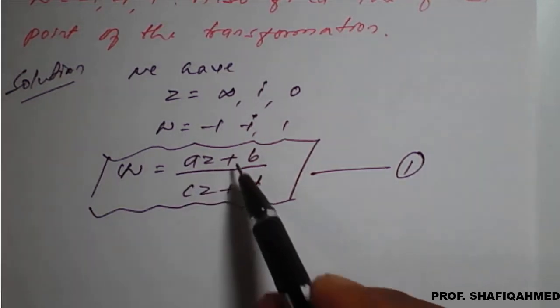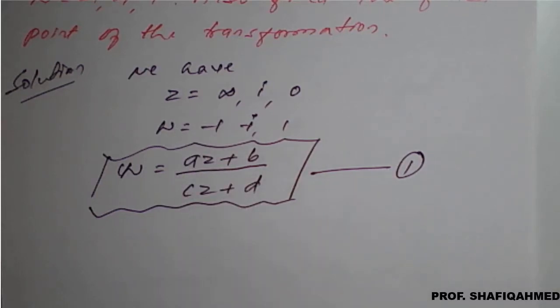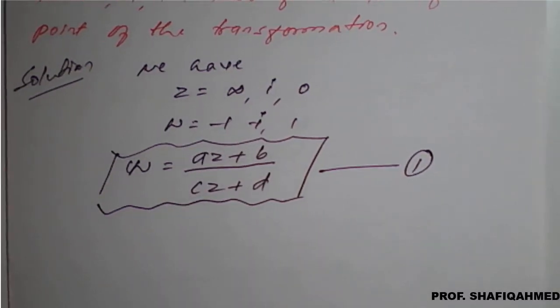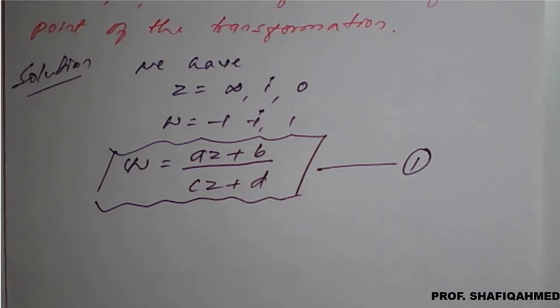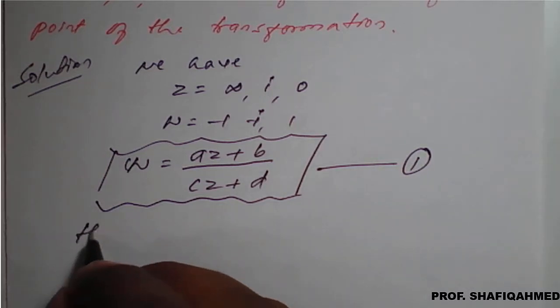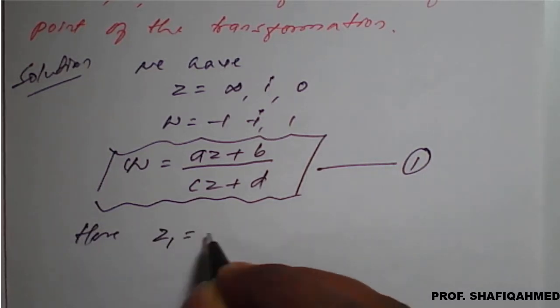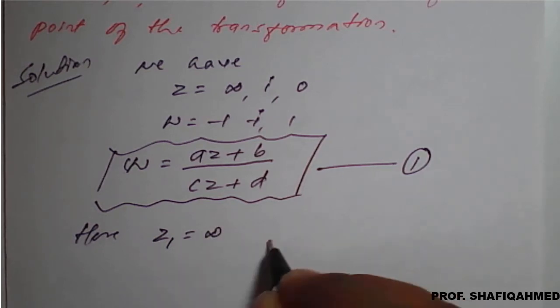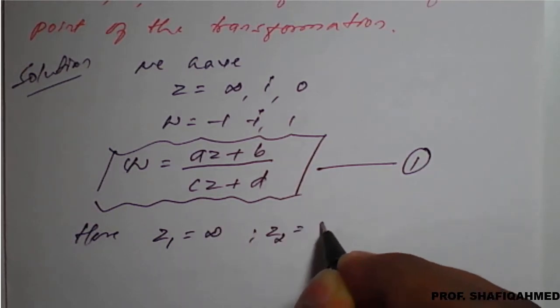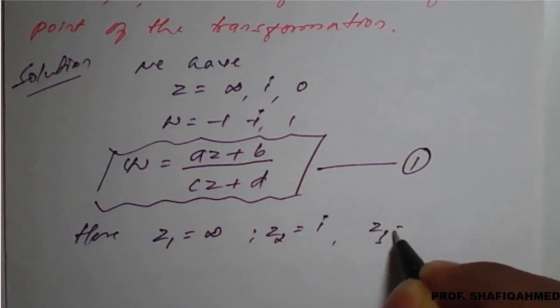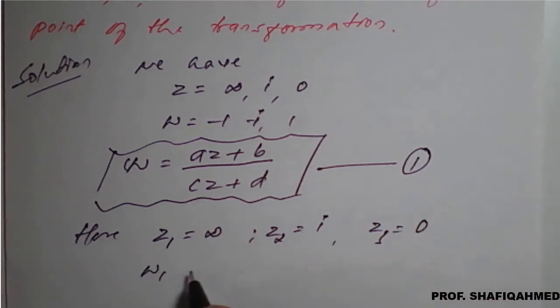We'll apply the values of z and w to generate equations, and we'll solve those equations to get the complex constants a, b, c, d. So here, z1 is infinity, z2 is i and z3 is 0, and similarly w1 is -1, w2 is -i and w3 is 1.